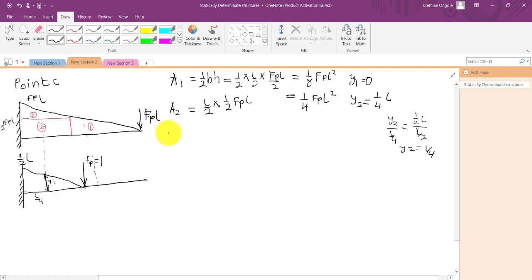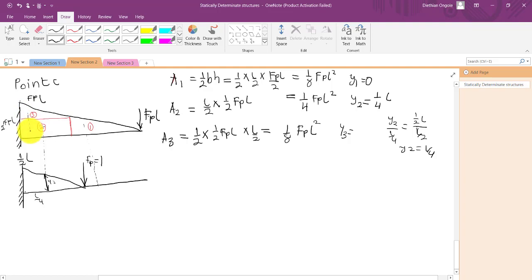Then we come now to our third shape. Our area A3 would be given by a half times our base, which is equal to a half FPL, then times our height, which is L over 2. So this gives us 1 over 8 FPL squared. Then our y3, we still take on the same approach and use similar triangles to find the y3 for this triangle here.